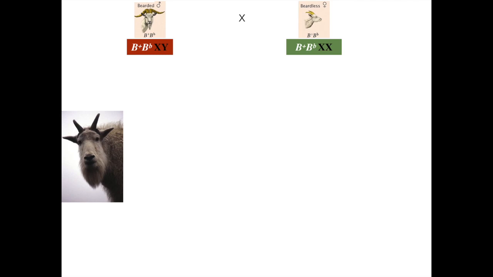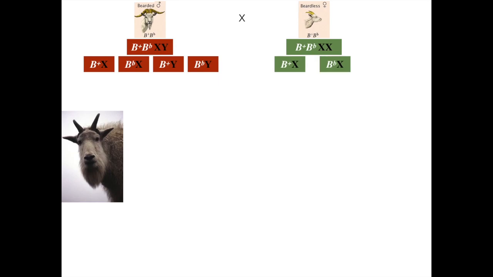So what I'm showing here is an F1 cross, and this time I'm including the sex chromosomes. So we have a bearded male who is heterozygous and a bearded female who is also heterozygous for this beard determining locus, this gene. So these are the gametes that he can produce, and these are the gametes that she can produce.